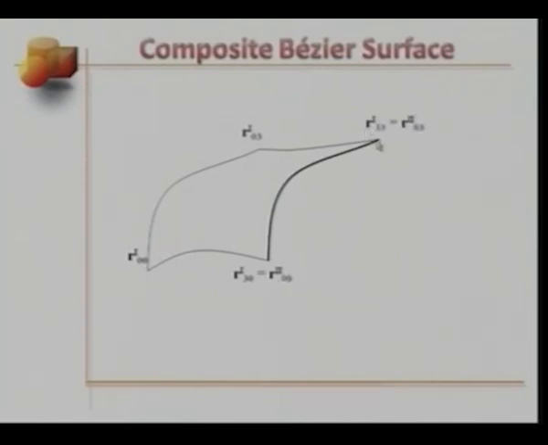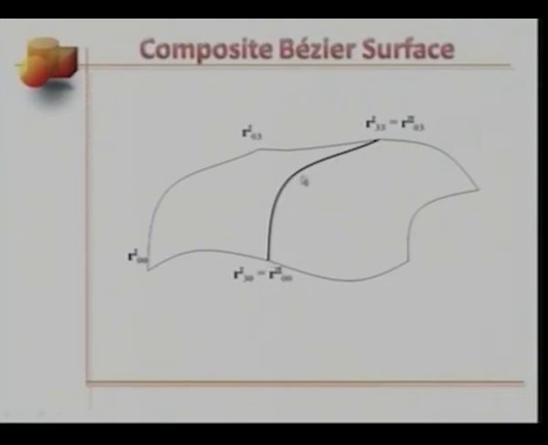Likewise, this point here pertains to R33 of the first patch, which is the same as R03 of the second patch, which is this one. As I said before, these 2 points are the same to maintain position continuity at these 2 junction points.